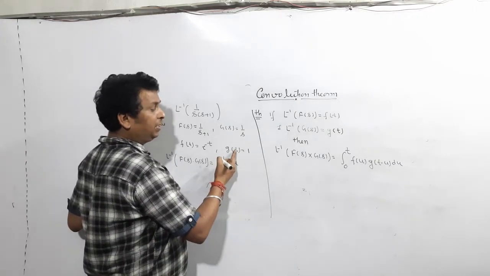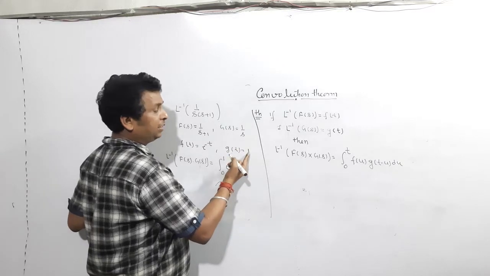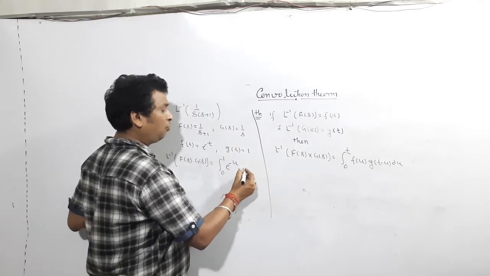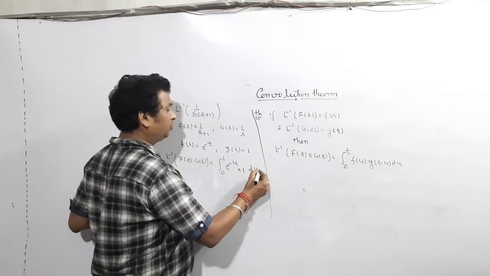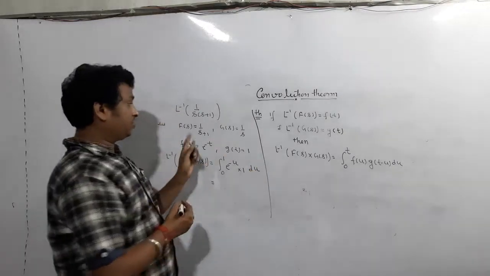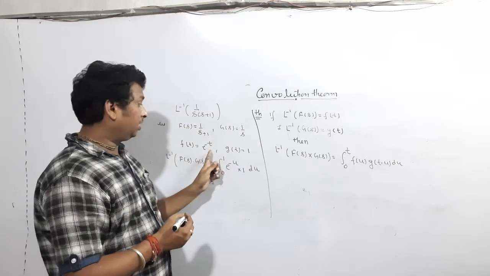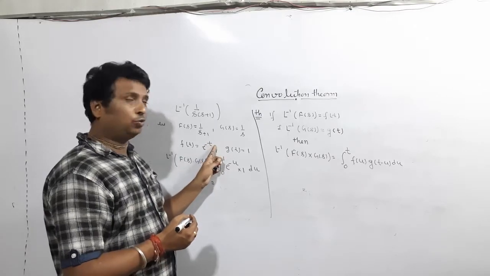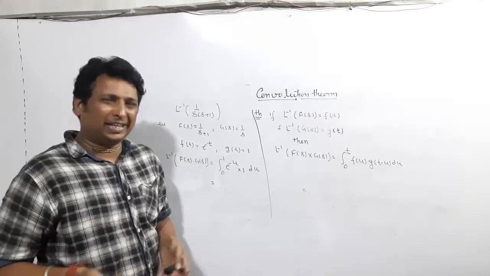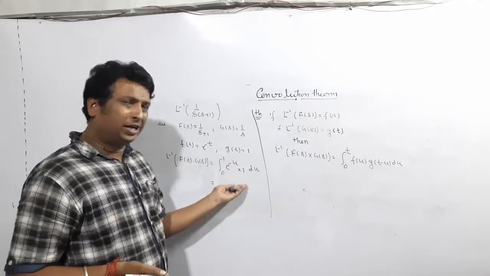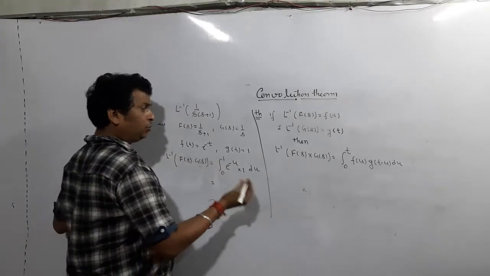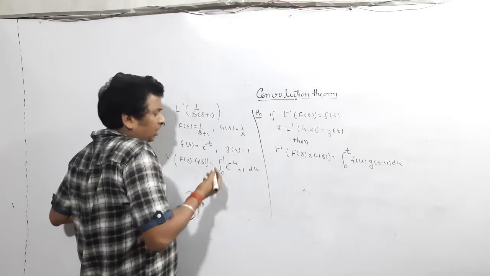So in place of t we put t minus u, but here it is constant, so the value is again 1 only, and integrate with respect to u. If you change it, then we have to put t minus u here, and it is a little bit complicated, but okay, this is so much simpler. So it's your choice. If you choose anything, it does not matter.